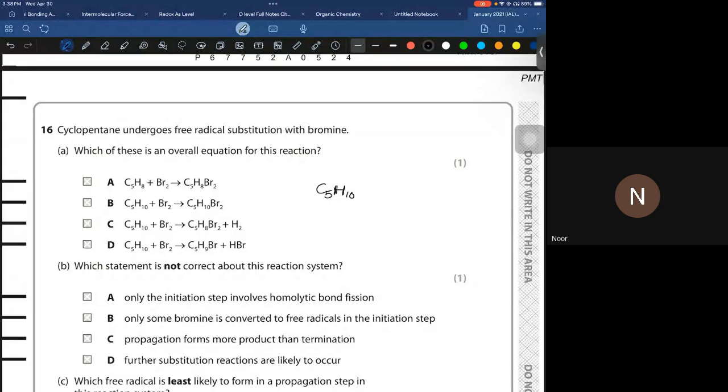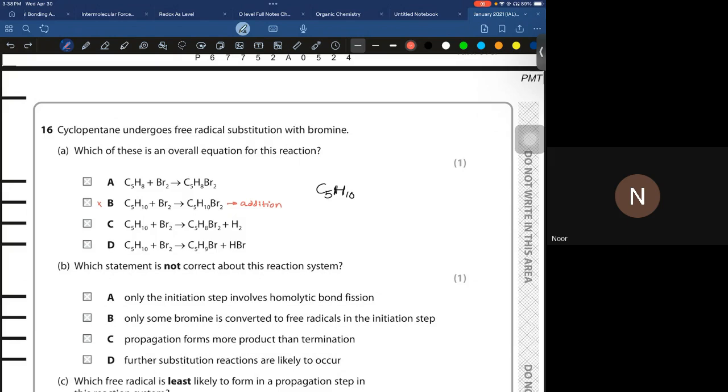Then in free radical substitution reaction, we have learned that it's a substitution. So B says it's an addition reaction, because only one product is formed. So of course, if only one product is formed, which shows that this is an addition reaction, it's wrong. Then option C, this is hydrogen.